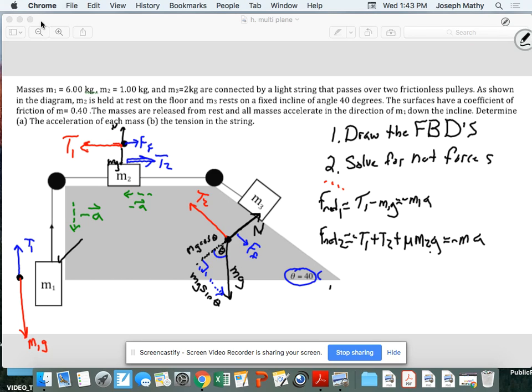How about F net 3? F net 3 is a little bit bigger. It has that T2, which is negative T2, and then going in the opposite direction, this mg sine theta.